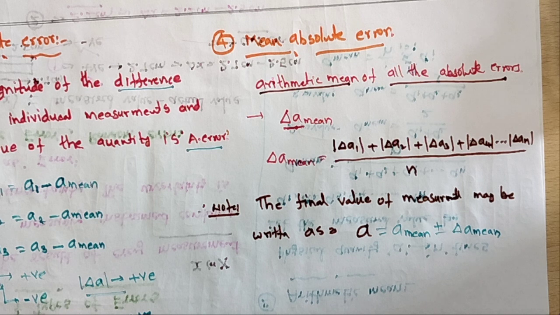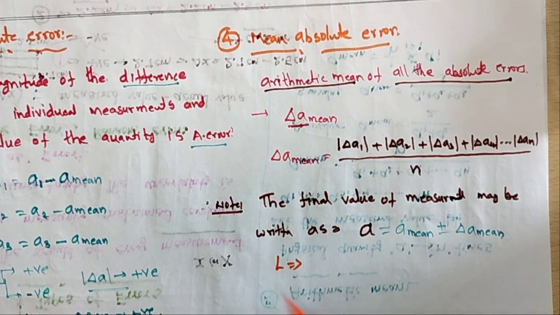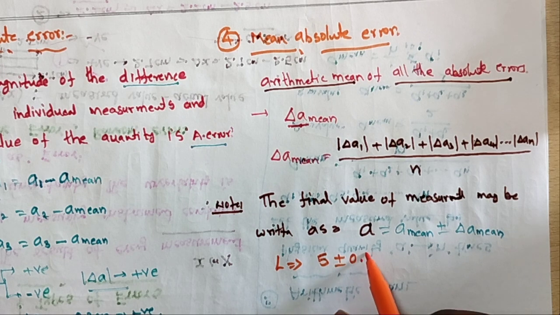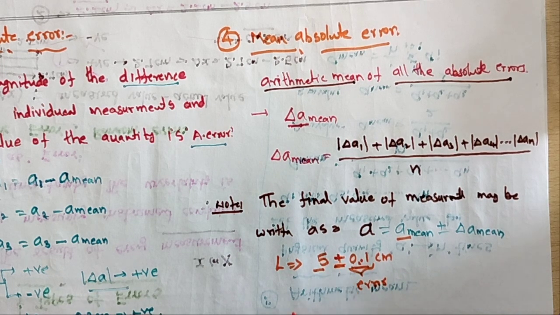For example, length final is 5 plus or minus 0.1 centimeter. Here A mean is 5 and delta A mean, the error, is 0.1 centimeter. The error may be a positive error or a negative error. This is the original value.